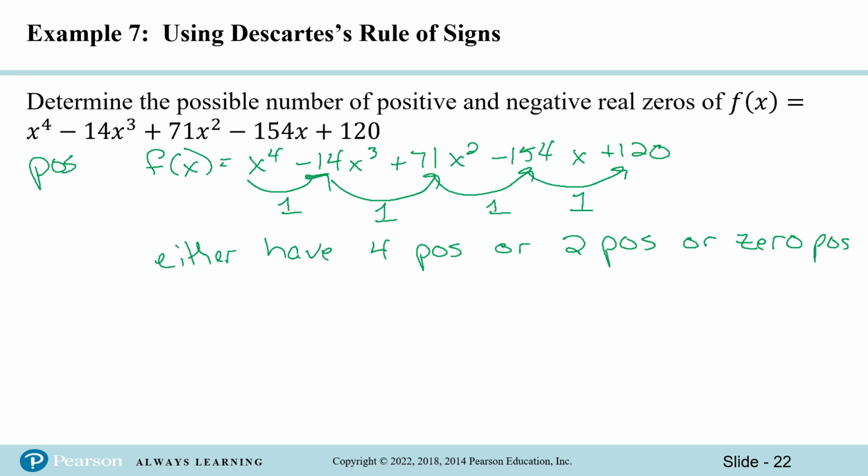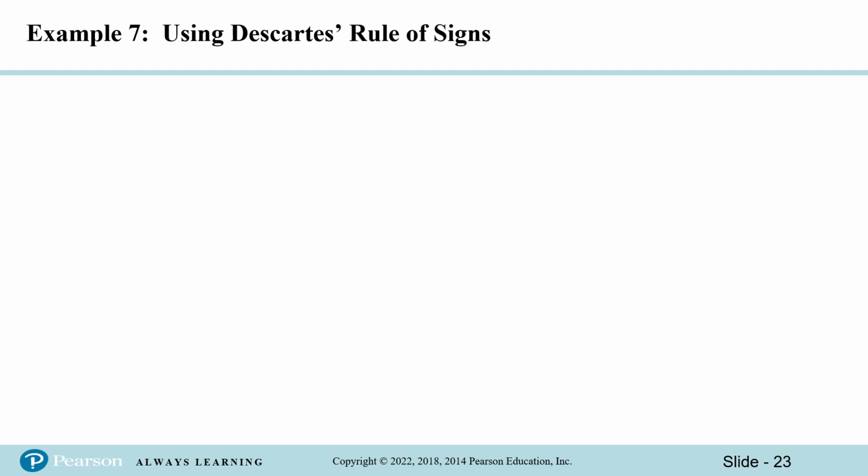Now let's look at the negative. We're going to do the same thing, only this time we're doing f of negative x, and this is for the possible negative zeros.